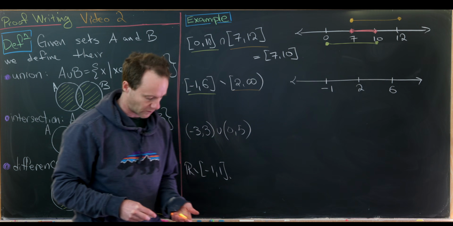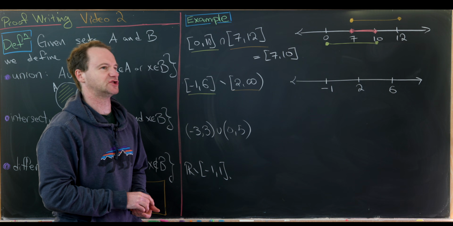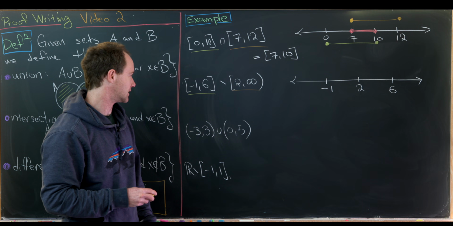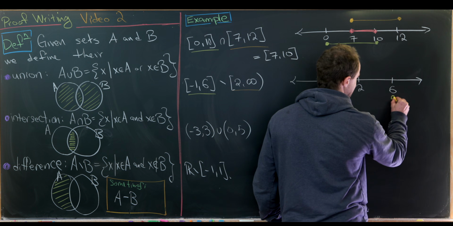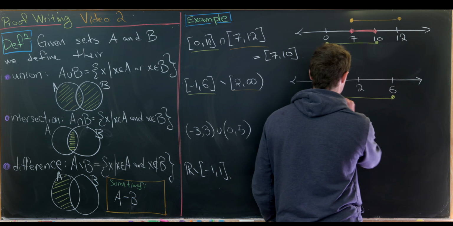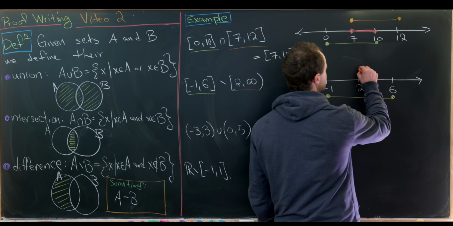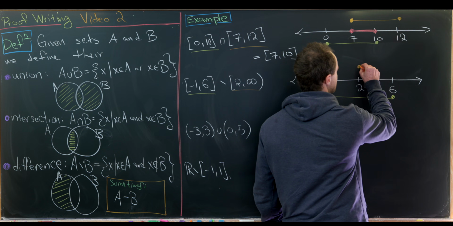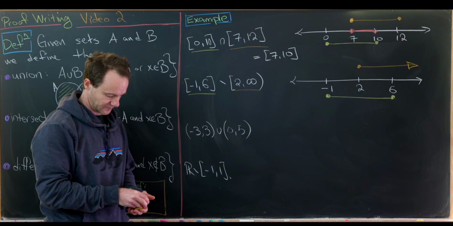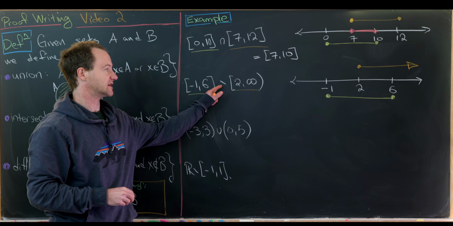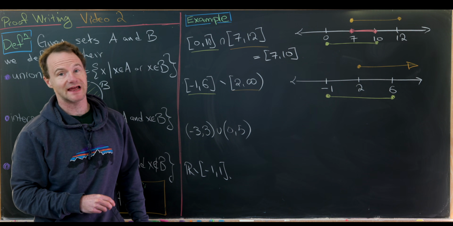And I don't really need to worry about scales. This is just to kind of get an idea of what's going on. Okay, so -1 to 6 will be this interval as I'm shading in yellow. And then let's see, 2 to infinity will be this thing that I'm shading in orange. And I'll put an arrow to say that we're going forever. And now notice we're doing the set minus here, the set difference.